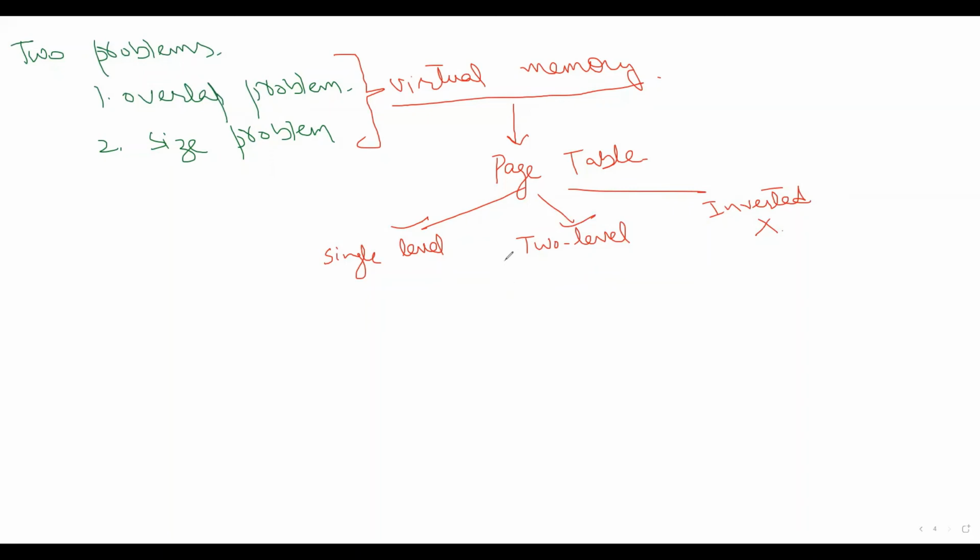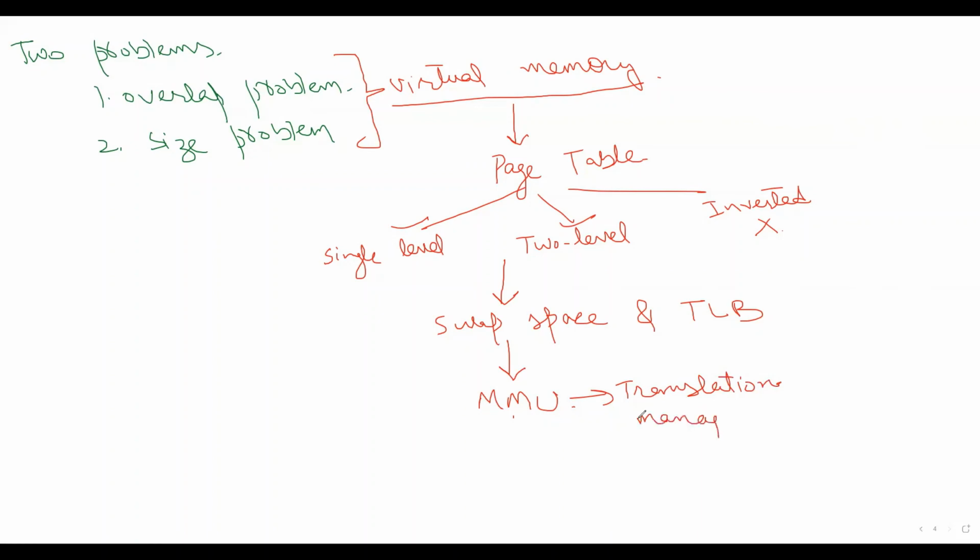After the page tables, we discussed the requirement of swap space and the TLB, the Translation Lookaside Buffer. After that, we discussed how we do the translation from virtual address to physical address using the memory management unit, which does the translation as well as the management of page tables.